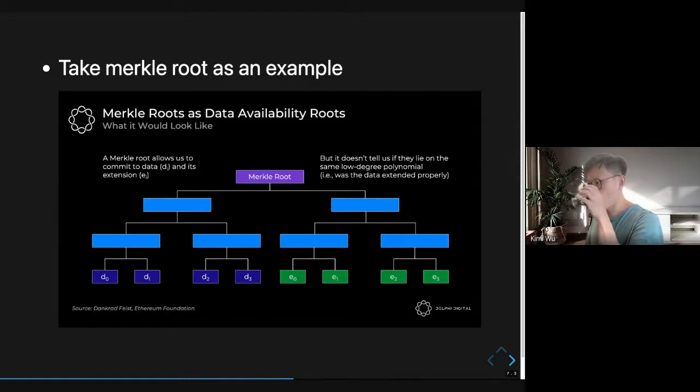So you use the data to create a merkle root. After you download the data, you can make the merkle root to see if the data you download is correct. So this is a commitment to ensure the data is erasure coded properly.